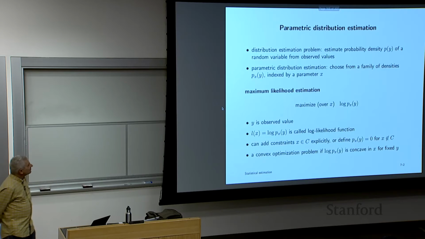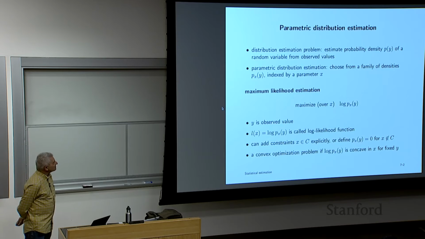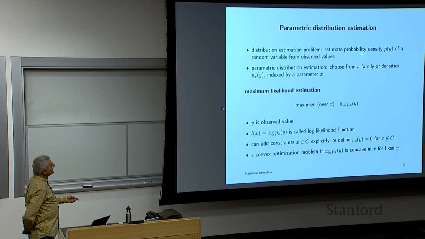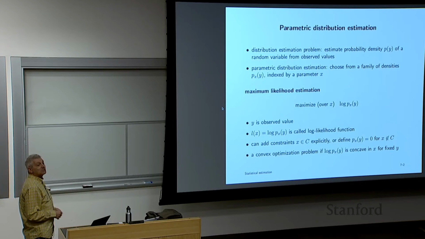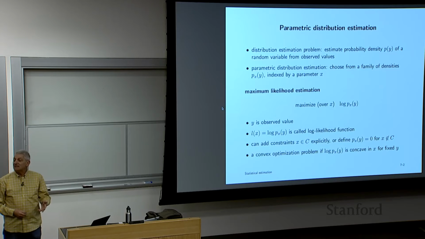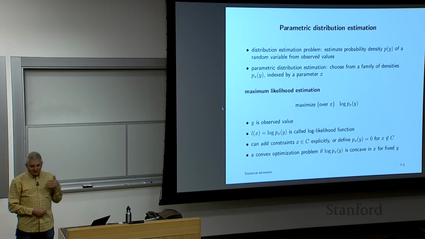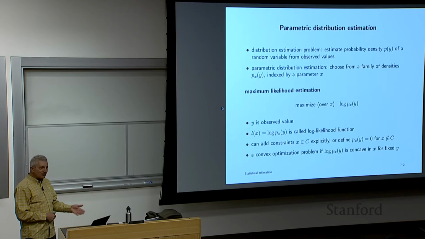But here we go. So we'll just start with parametric distribution estimation, right? Here's the idea: we have a density, and we have an observed value of something. The density is indexed by a parameter. For example, a Gaussian would be indexed by its mean and its covariance matrix, or a Poisson variable by its rate, or an exponential variable by its rate.